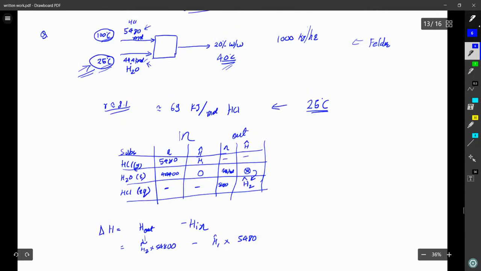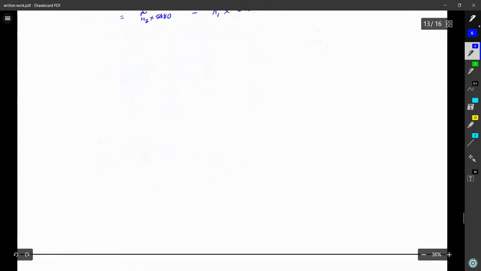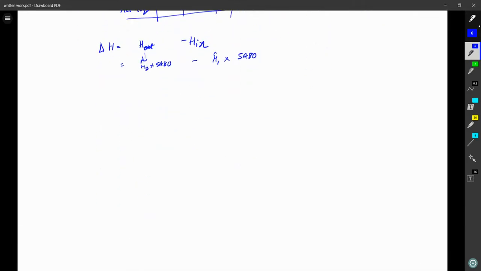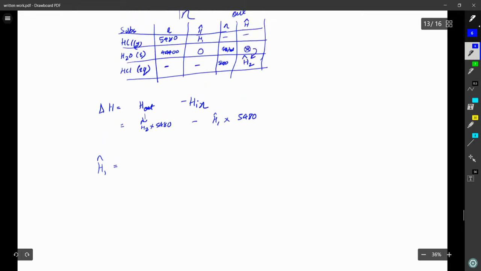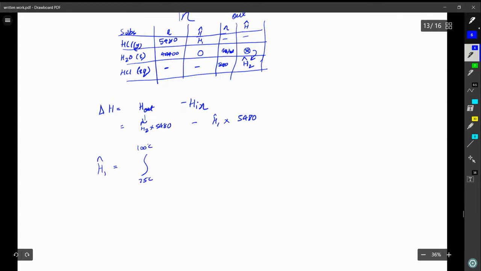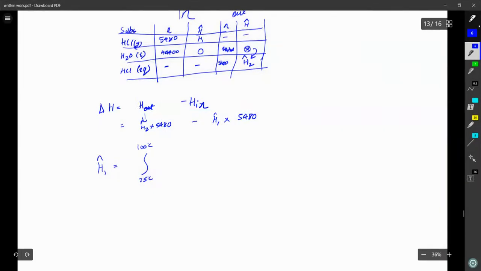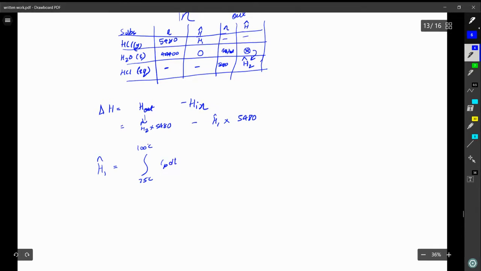Numbers you can see, but let me talk about the recipe to solve the question. H1 is good enough. Since the reference state is 25 degrees Celsius, you are just heating HCl gas from 25 degrees Celsius to 100 degrees Celsius, so the integral of CP dT.